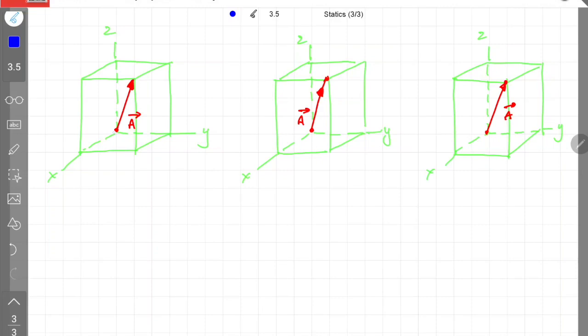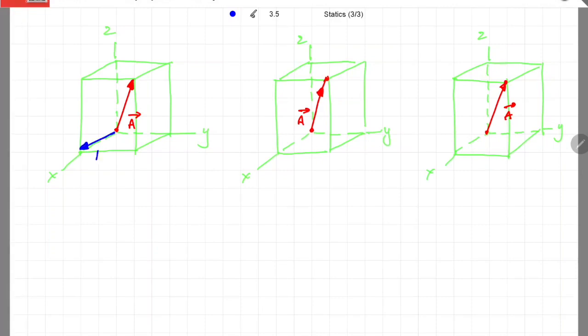For example, along the x-axis, the direction of vector A would be alpha, like this. Along the y-axis, the direction of vector A would be beta, like this. And along the z-axis, the direction of vector A would be gamma, like this.